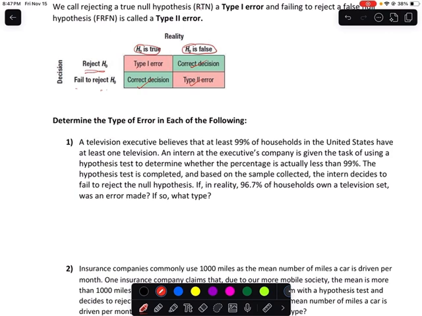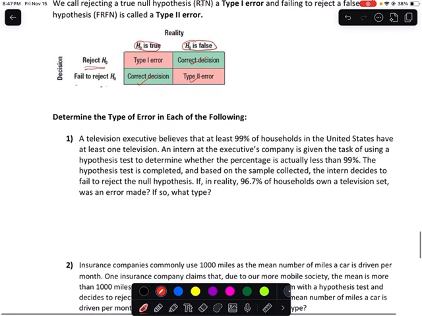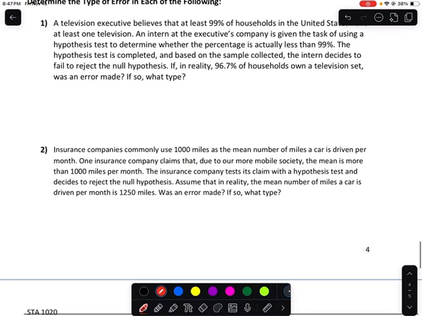Okay, so this will be HA, so HA is p is less than 0.99 and the H0 will be p is equal to 0.99.